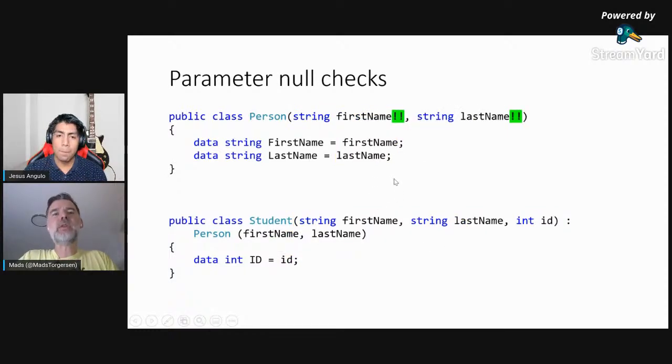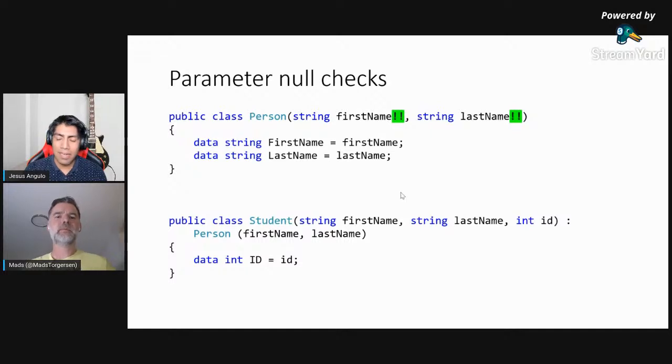Another thing we actually tried to do in C# 9, but we didn't finish in time, is more related to our work on nullable reference types.